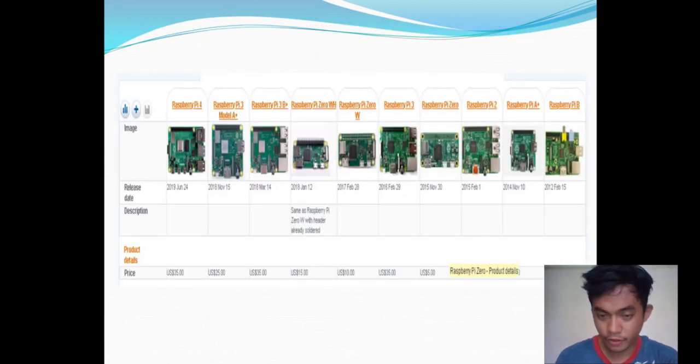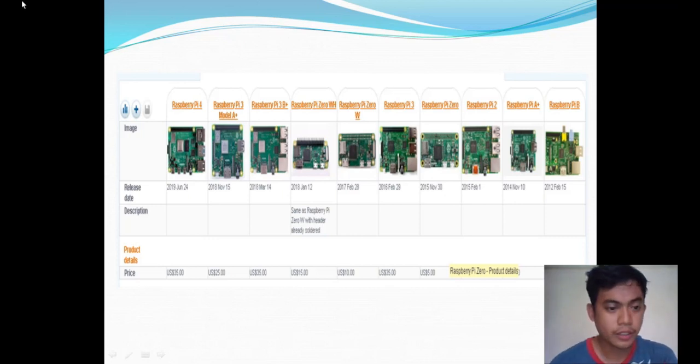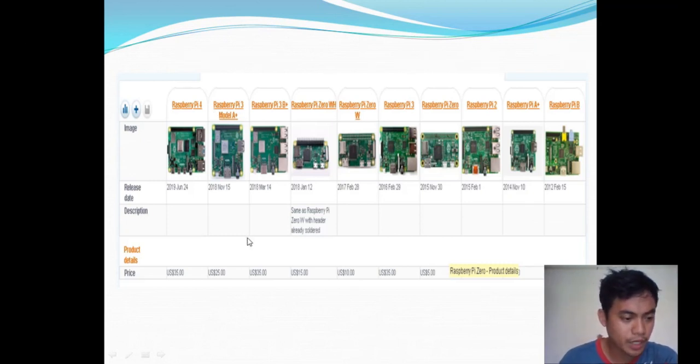And price comparisons between the different versions of Raspberry Pi. In Raspberry Pi 4, we have $35. Converted to pesos, this will be 1,807 pesos and 95 centavos.